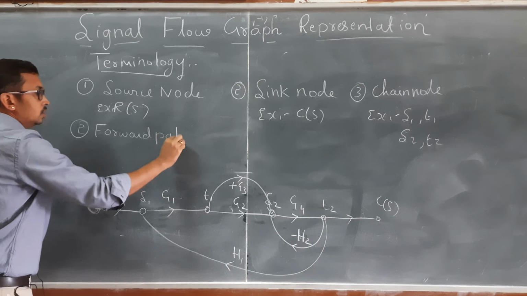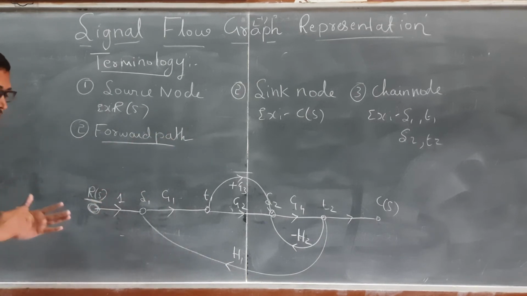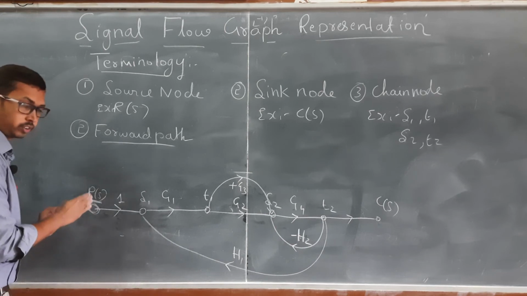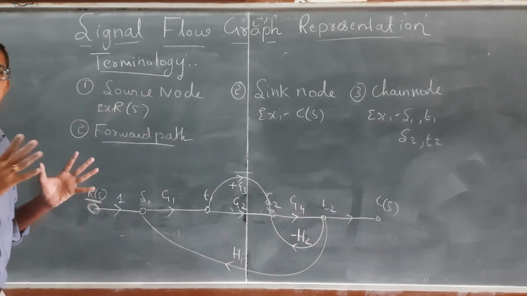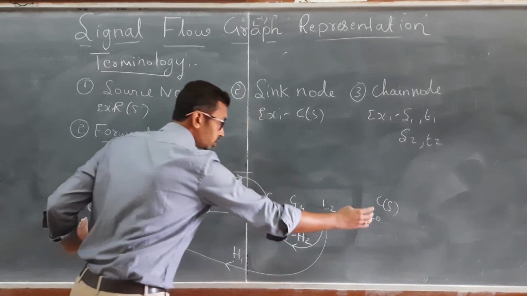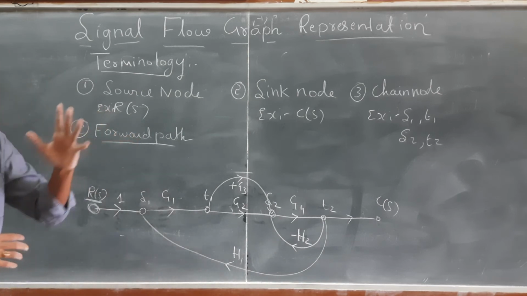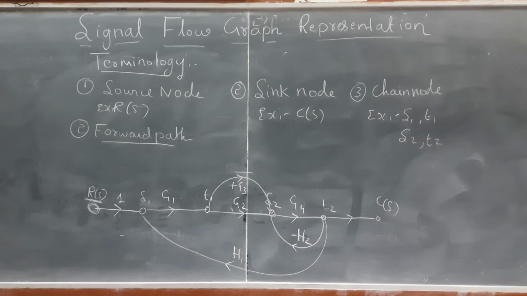So next one is called forward path. What is the meaning of forward path? The path from the source node to the sink node. What are the different paths from the source node to the sink node? So that we are going to call forward path. So here how many forward paths are there? Let us check.